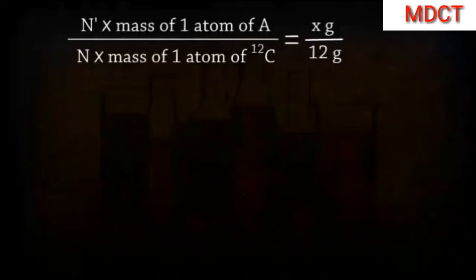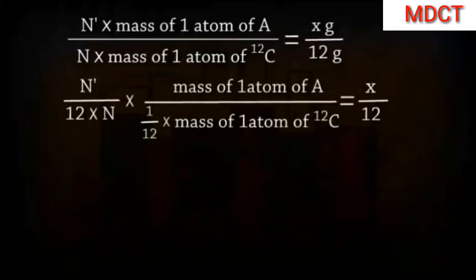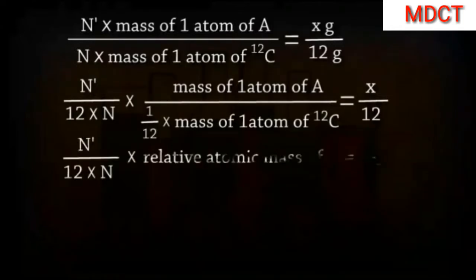So, N' into mass of 1 atom of A divided by N into mass of 1 atom of C12 is equal to X grams by 12 grams. N' by N into mass of 1 atom of A divided by 1 by 12 into mass of 1 atom of C12 is equal to X by 12.